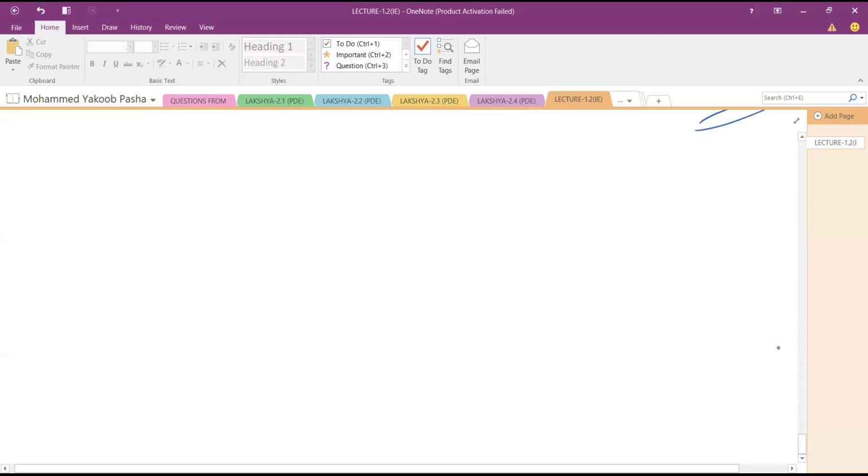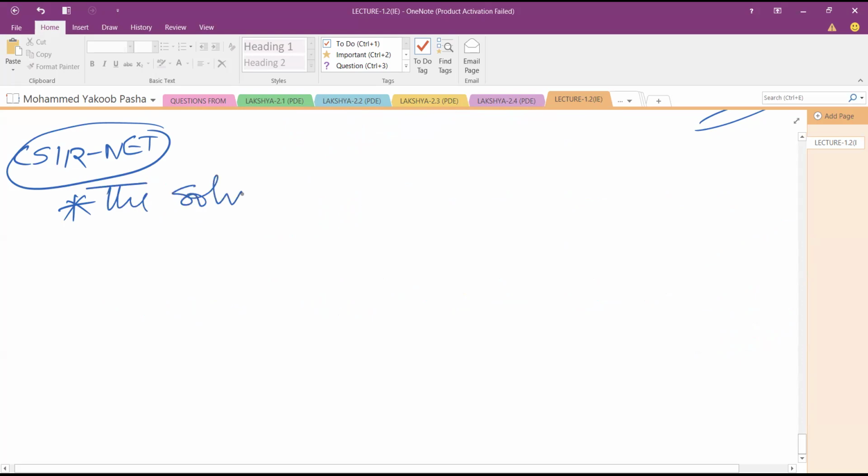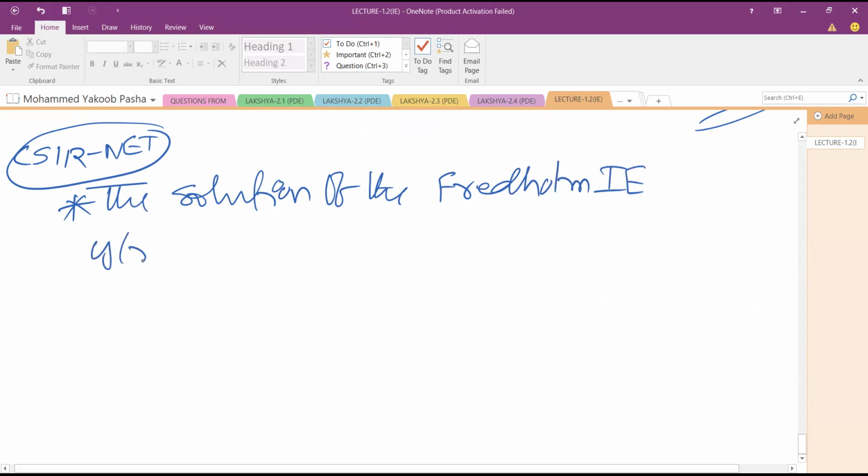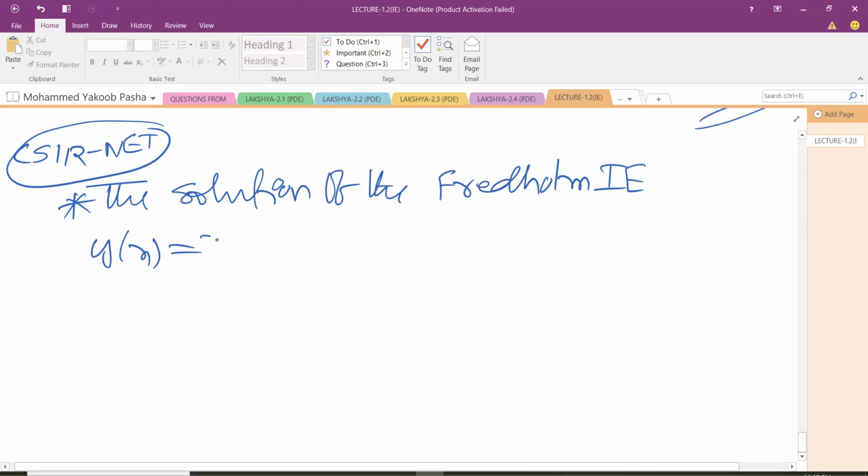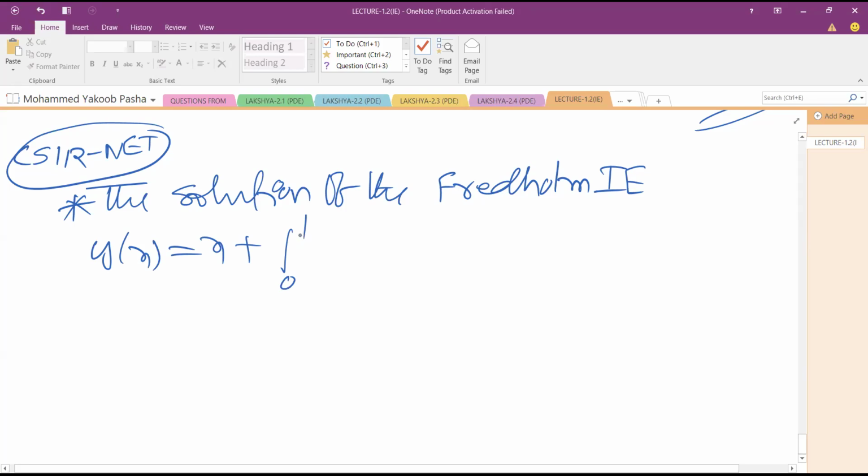Okay. Now I am taking one question from CSIR NET. The solution of the Fredholm integral equation y of x is equal to x plus integral 0 to 1 x into t y of t dt.